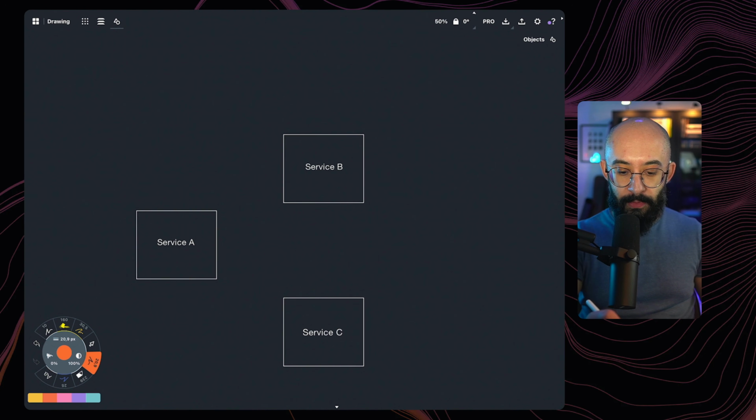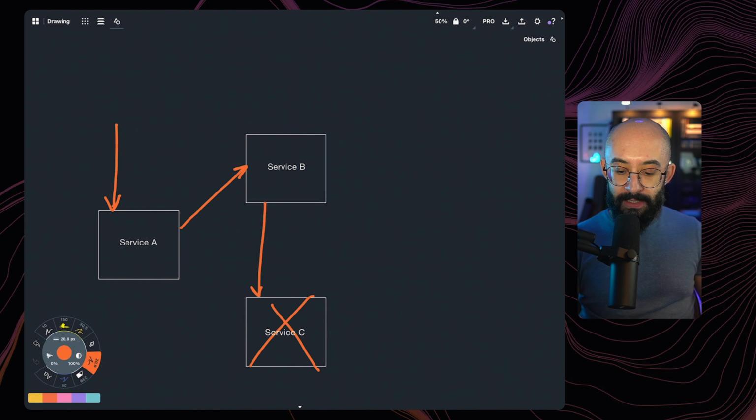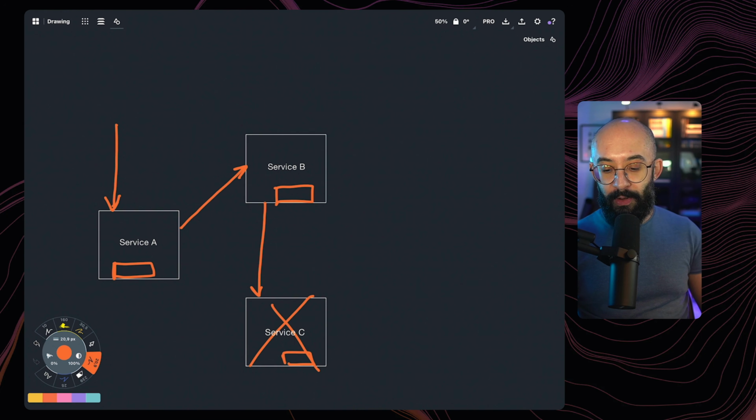So again, the HTTP request comes from the client side, goes to service A, which makes a call to service B, which makes a call to service C, which is down. As we implemented timeouts on the level of the services, we need to implement retries as well. So another change to our HTTP client, on the level of service A, service B, and service C, is to implement retries.